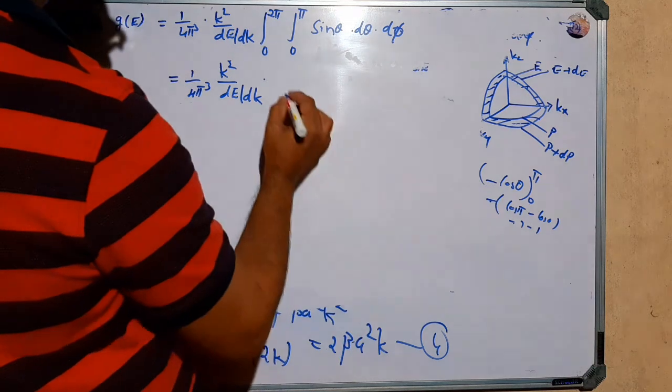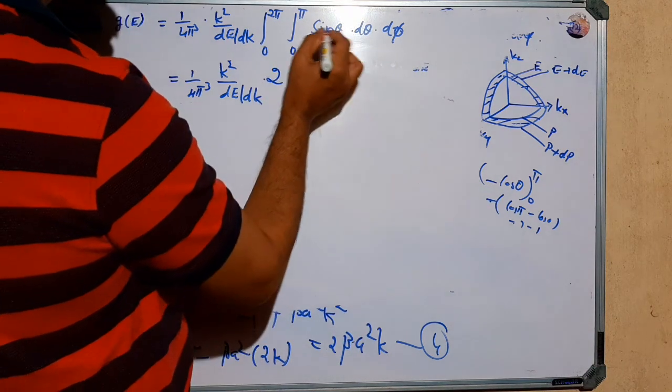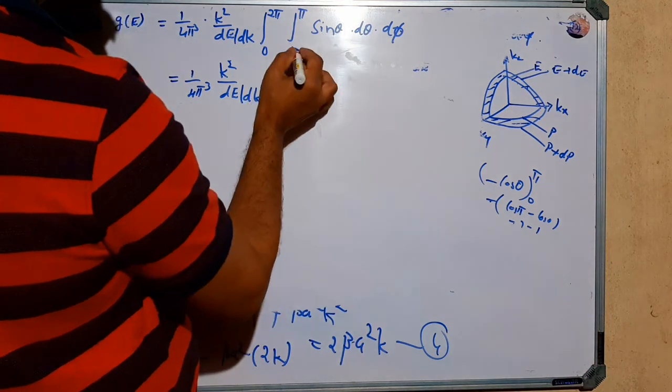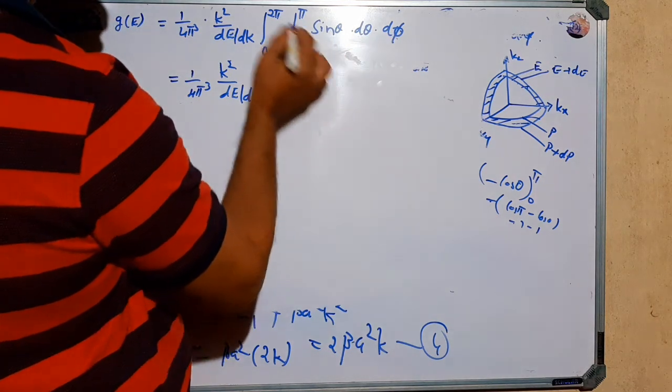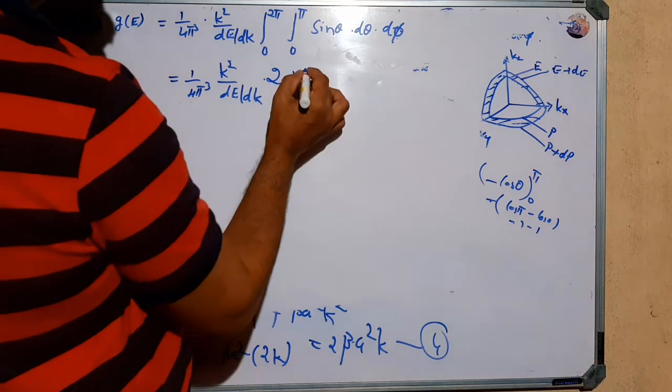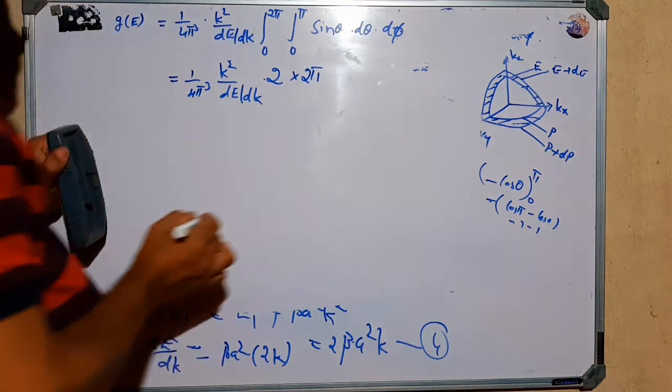So therefore integration of sin theta d theta with the limit 0 to pi is 2. Integration of d phi is phi, upper limit is 2 pi, lower limit is 0, therefore it is 2 pi.